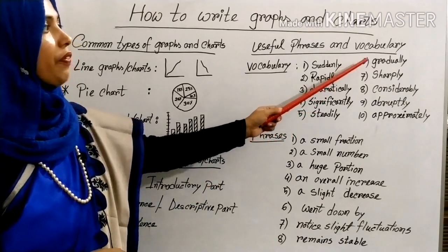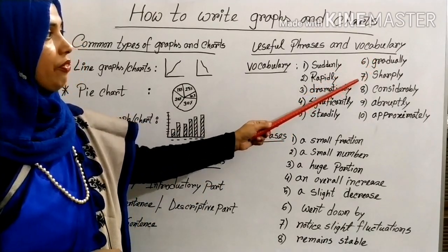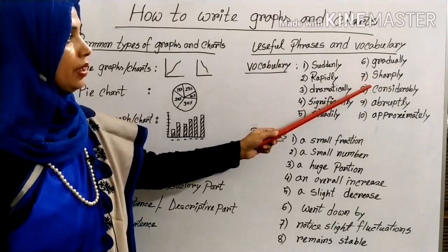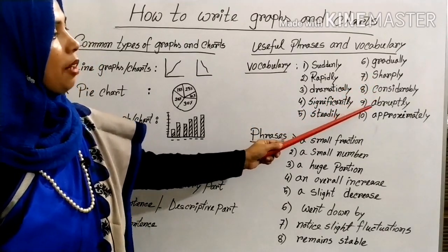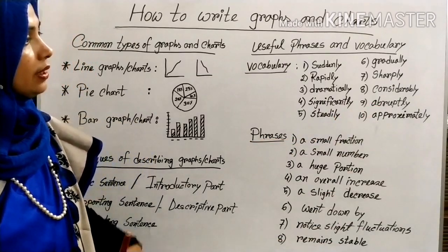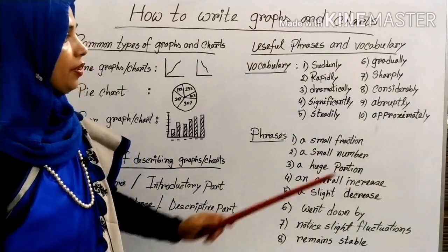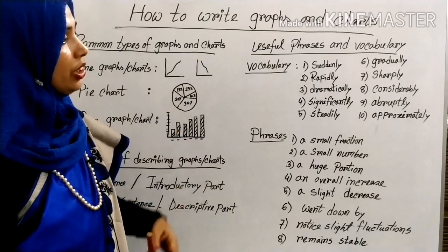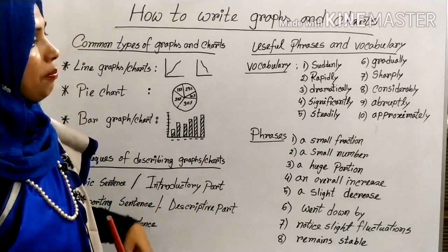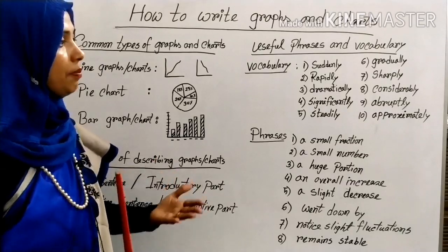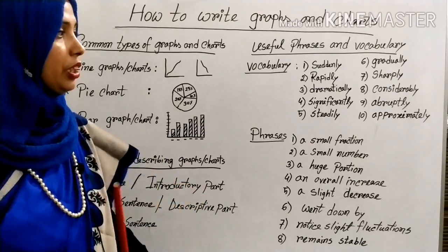Number 6, gradually. Number 7, sharply. Number 8, considerably. Number 9, abruptly, that means sudden change. Okay, abruptly means sudden change. Number 10, approximately. Approximately means something close to certain information.